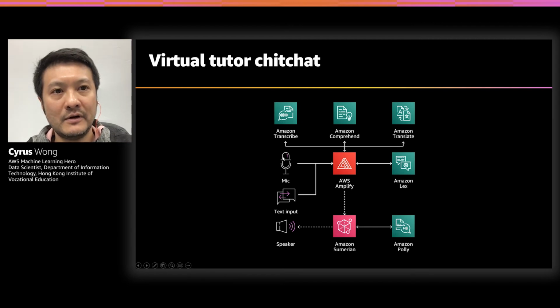As you see, the architecture is similar. You can talk to her or type in a message, and through Transcribe, the voice is converted into text, and then Comprehend will analyze the feedback on the question to the virtual tutor, and then translate into different languages. If the student uses Chinese to ask the question, all of the answers are in English, but Amazon Translate converts the English answer back to the original question language.